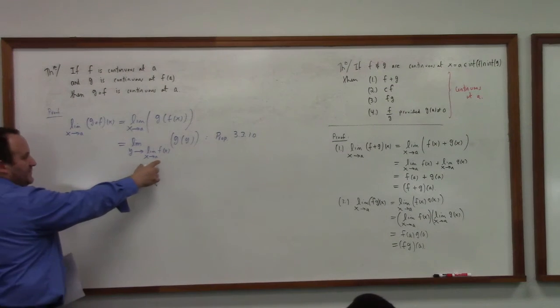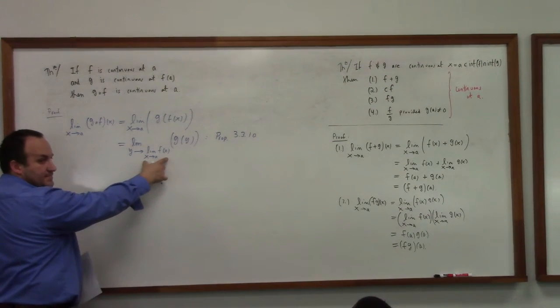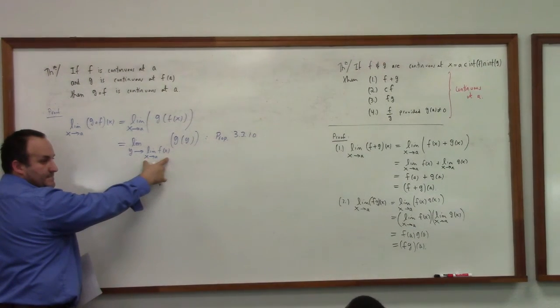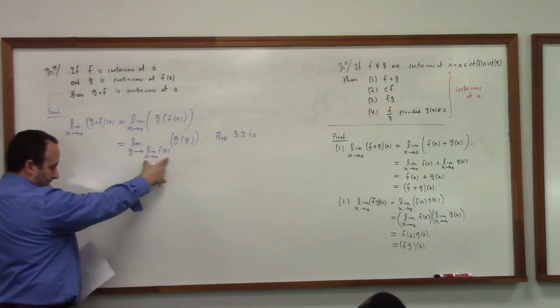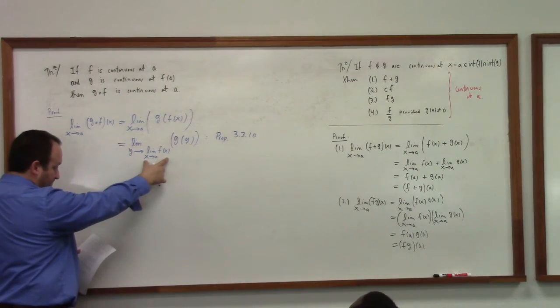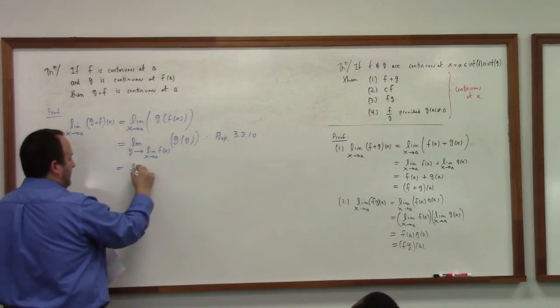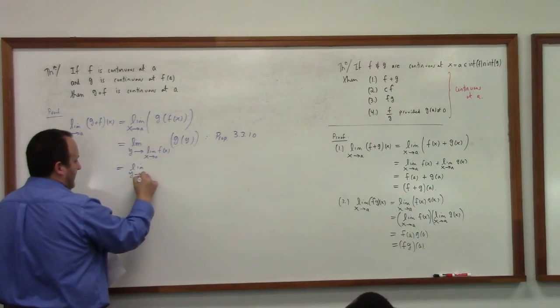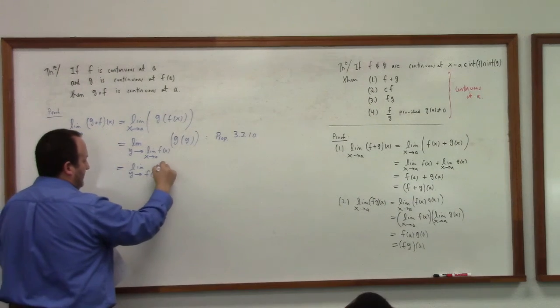So f is continuous. What is this limit equal to? f of A, right. So we have the limit as y goes to f of A, of G of y.